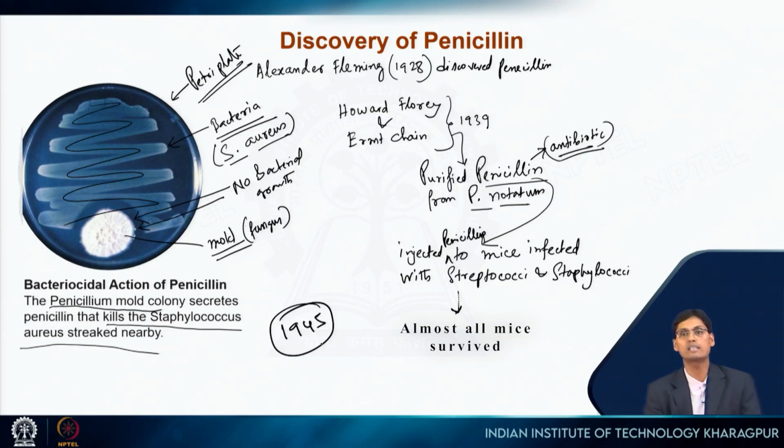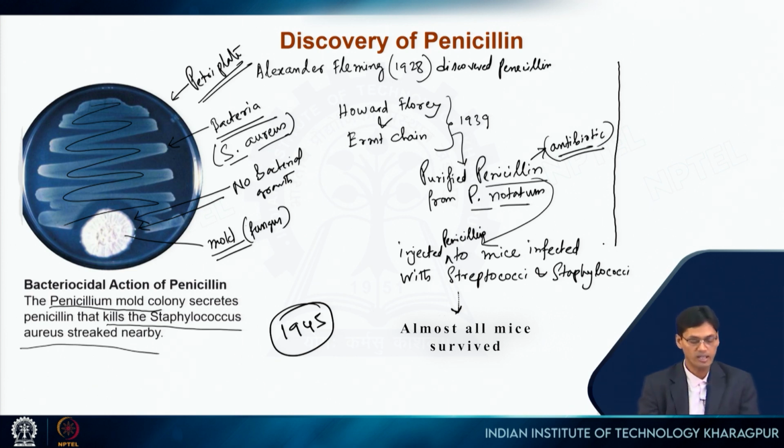As I already mentioned, it is a real milestone in terms of treatment, from a medical point of view. And it inspired other scientists to isolate different types of antimicrobial agents from microbes, particularly from fungus.